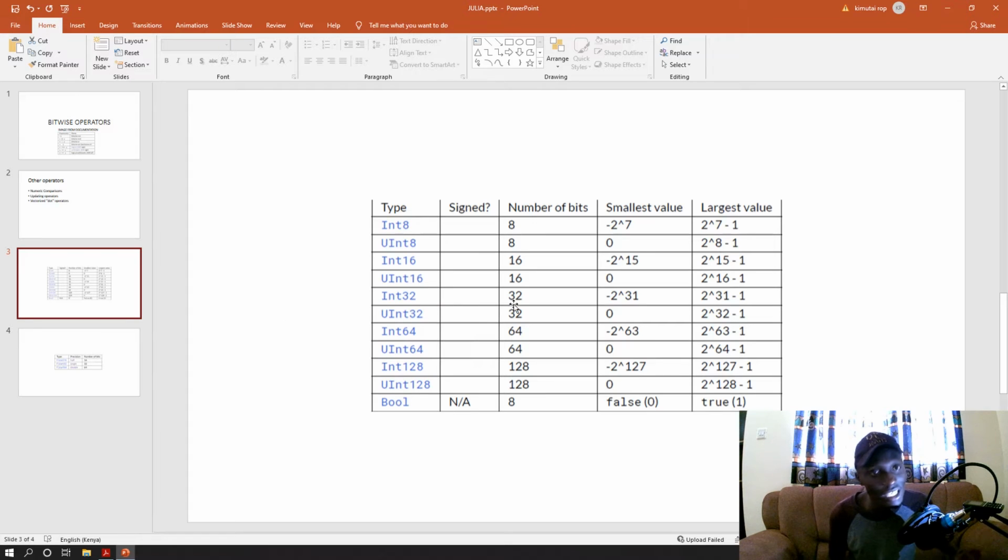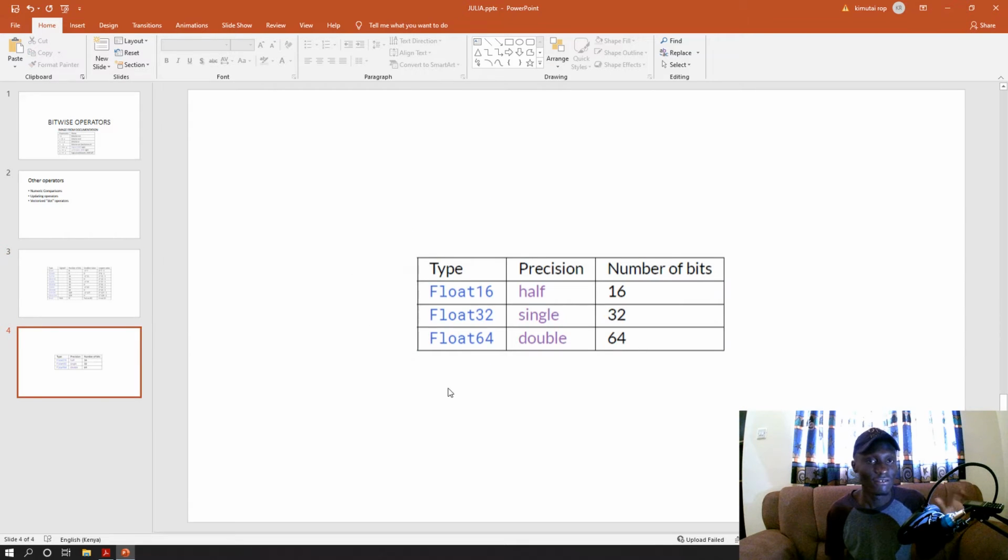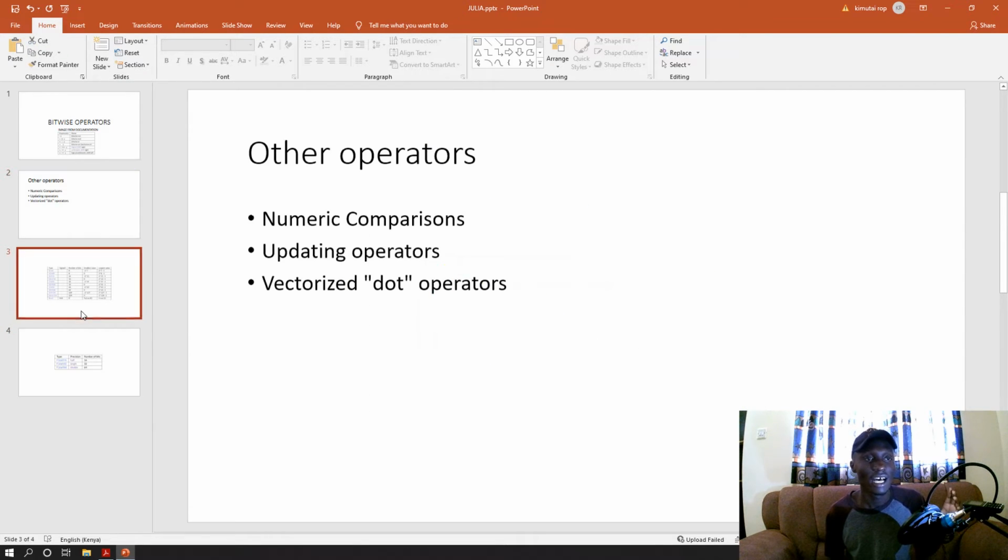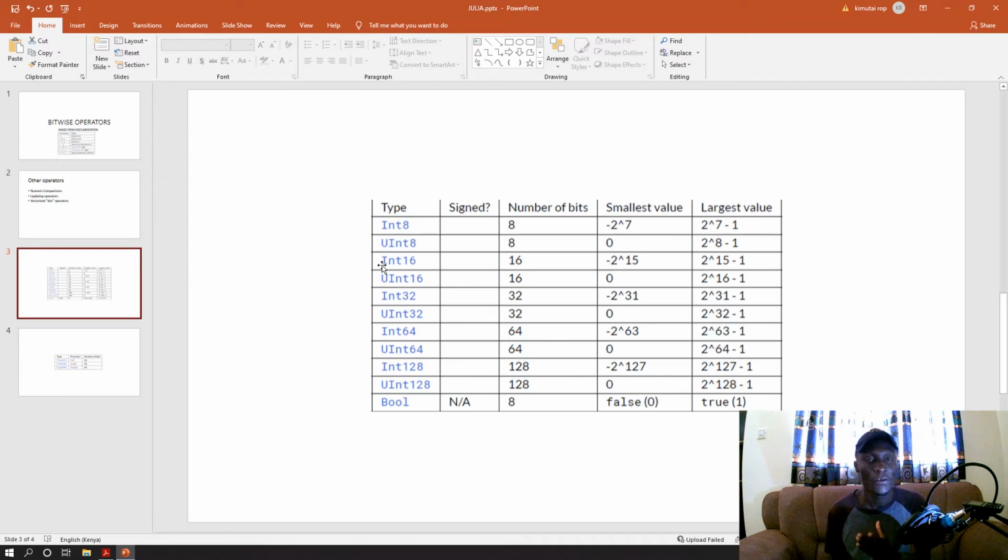So in this video we'll be talking about numbers, and numbers can broadly be in two types, but they are not always just two types. As you can see, we have integers and floats. Integers are whole numbers, and depending on the size, they are grouped according to the bits they accept.